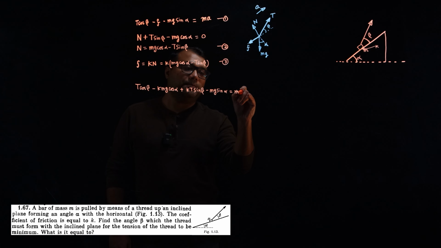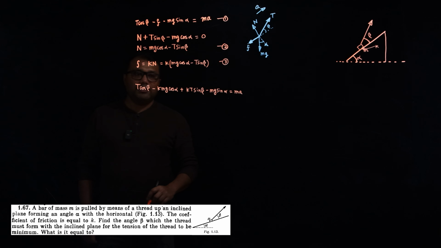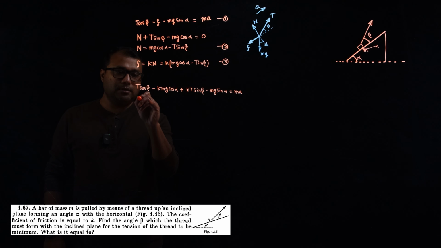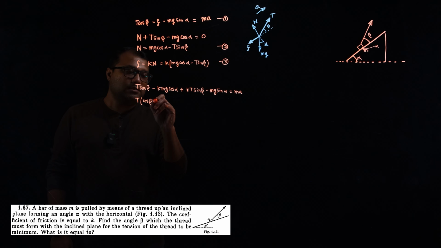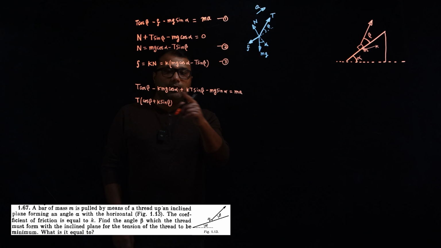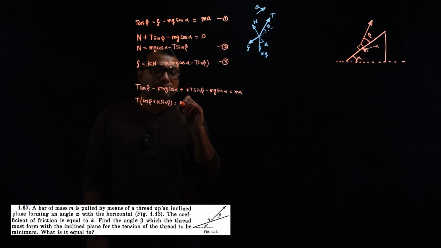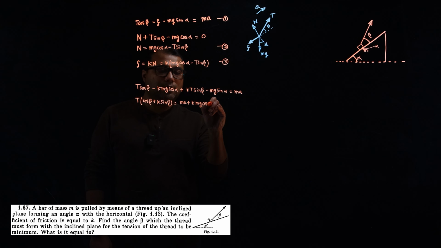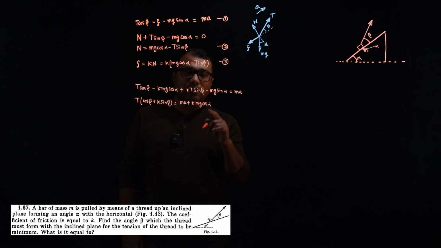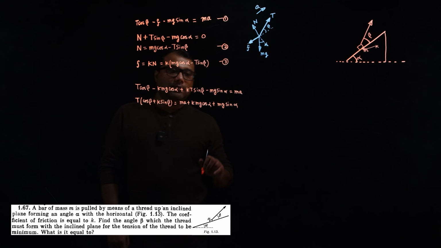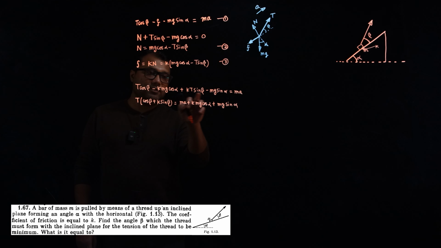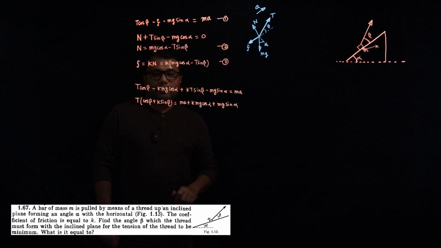is equal to ma. Now my goal is to find tension. So let's keep T (cos beta plus k sine beta) on one side. Let's take all of this to the other side: ma plus k mg cos alpha plus mg sine alpha.